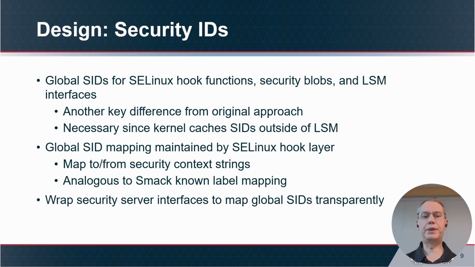This global SID mapping maps these global security IDs, which are the only security IDs exposed outside of SELinux, to and from the security context strings, similar to how SMACK maintains a known label mapping with its security IDs. It was possible to wrap the security server interfaces within SELinux to map these global SIDs transparently down to the per policy constructs needed to perform actual decisions.